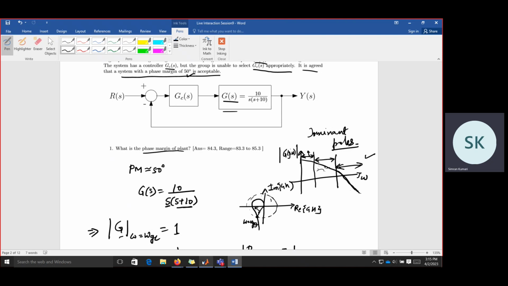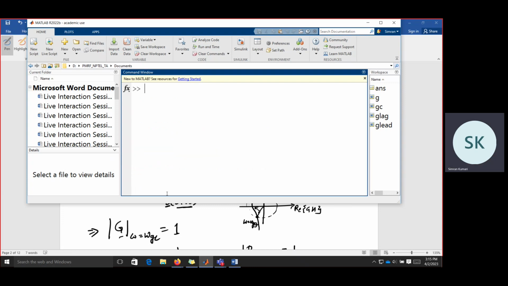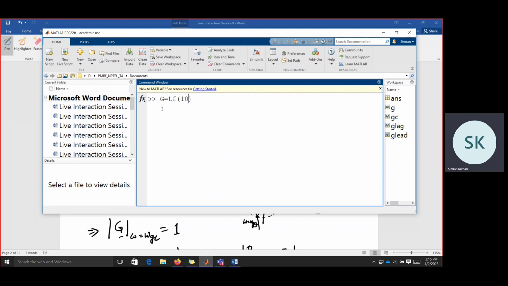So let us see if we can find it through MATLAB also. CLC. This is the plant G, and we have this transfer function, which is 10 by S into S plus 10.